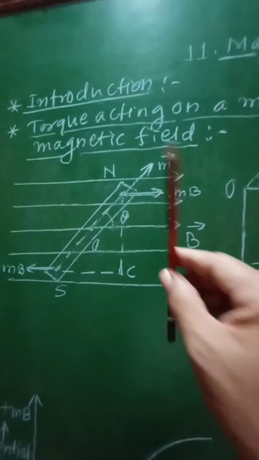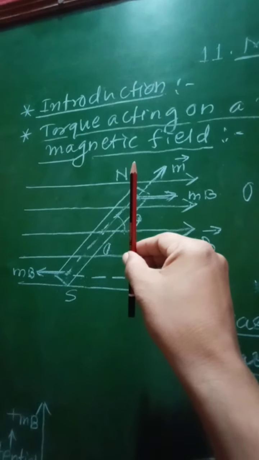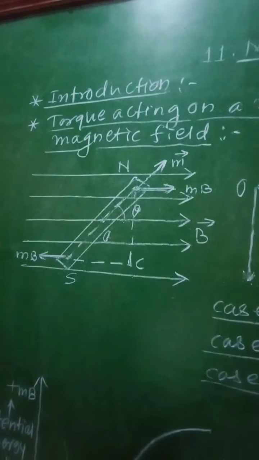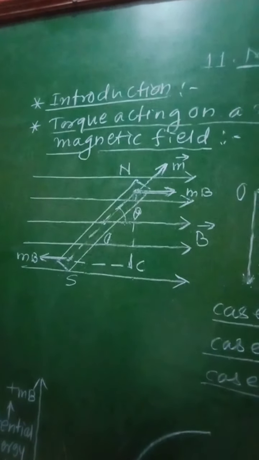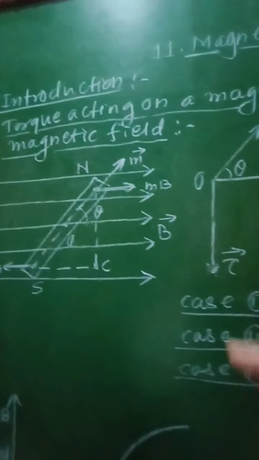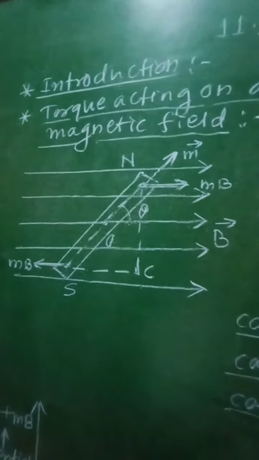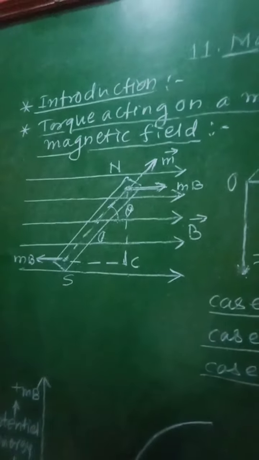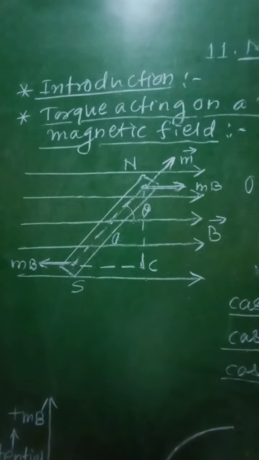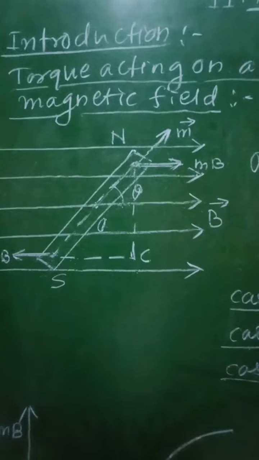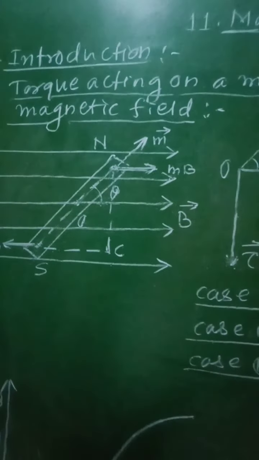When the magnet is perpendicular to the direction of the magnetic field, it will possess 0 magnetic potential energy. And when it is tilted, that means if it is rotated, at that time theta will be equal to 180 degrees, and at that time it will possess maximum potential energy, that is mB.